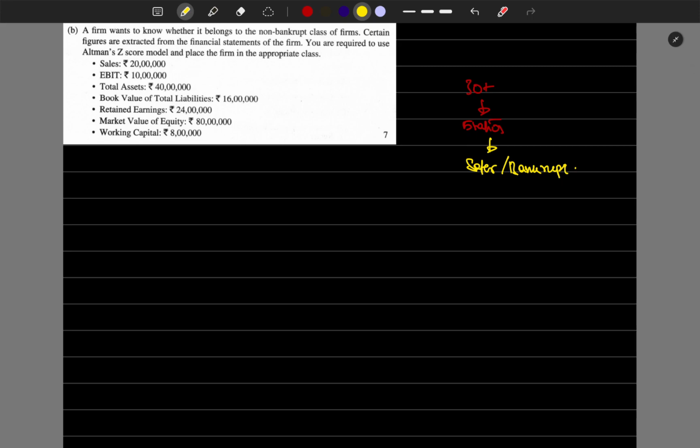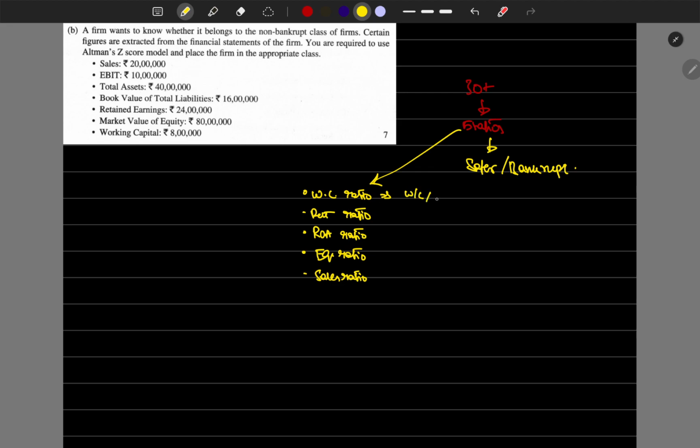What are the 5 ratios we use here? Working capital ratio, retained earnings ratio, return on assets ratio, then equity ratio and sales ratio. What are the formulas?